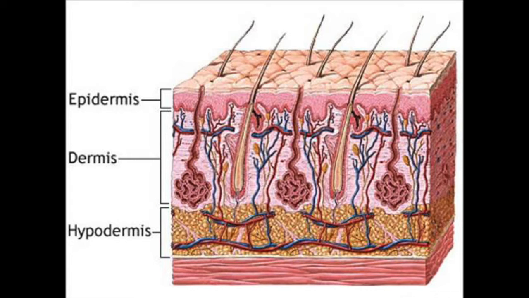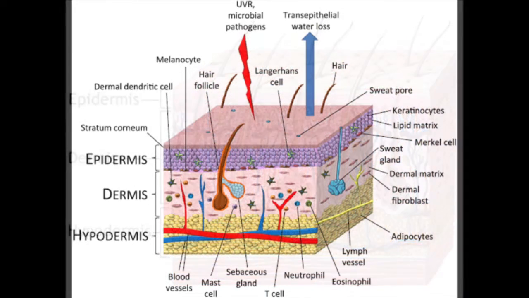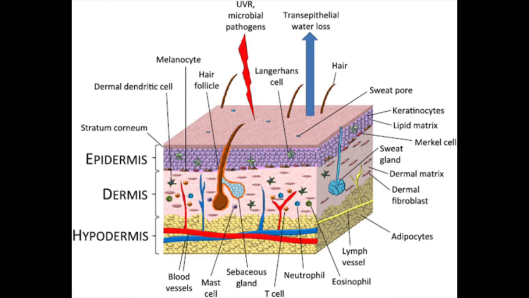So these vessels can dilate, so they can expand, or they can restrict, depending on if you need to release heat from your body or you need to contain it. So these blood vessels will dilate when you're hot to try and release heat out of your skin. When you're cold, they will restrict, and that's why when some people get hot, they go really red, me being one of those people.